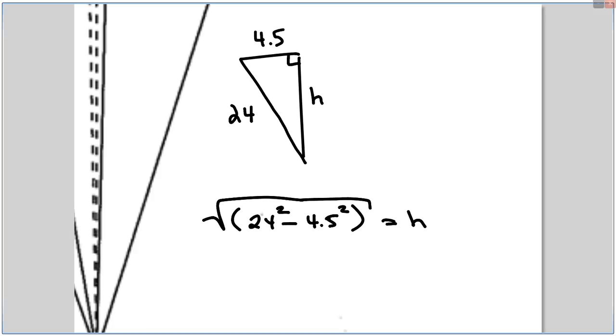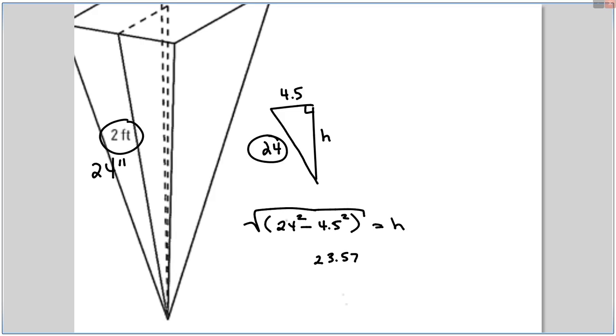So 24 squared minus 4.5 squared. You forgot to square root maybe? Because that's a crazy number. 23.57. The number shouldn't be bigger than 24. 24 is your hypotenuse. So maybe you forgot to square root back there. So 23.57 should be what it is.